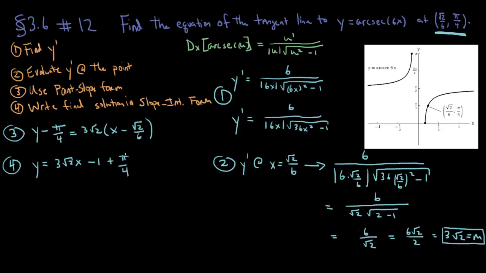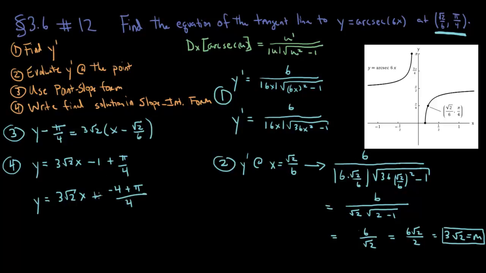Okay, now one thing you could do here, I suppose, you could get a common denominator if you really wanted to. We could say that that is y equals 3 square roots of 2 x. Now a common denominator would be 4, so it would be plus negative 4 plus pi over 4.